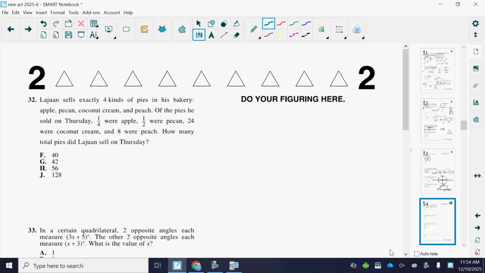Let's see. I sell 4 kinds of pie. Well, this is adding fractions. 1/4 are apple. 1/2 are pecan. Doesn't 1/4 plus 1/2 make 3/4? So 3/4 of my pies are either apple or pecan. 24 are coconut cream and 8 are peach.